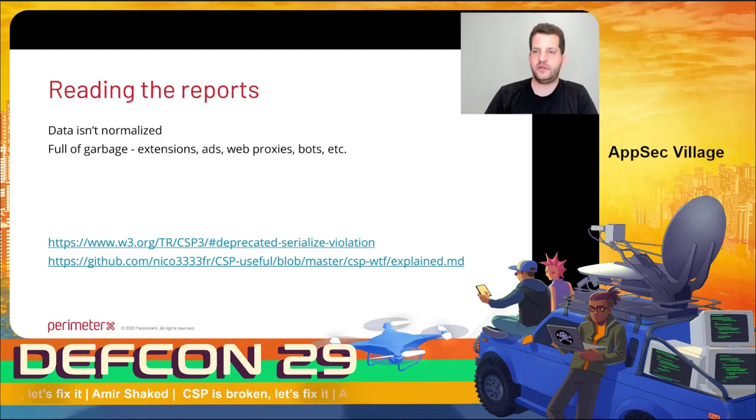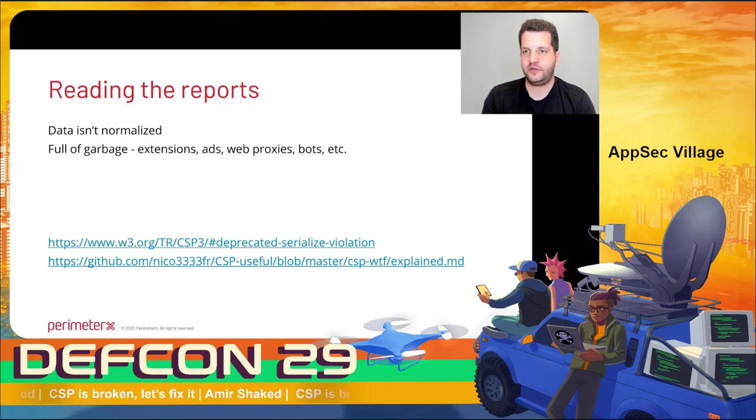But if the extension is doing something within the page in a certain way, you will still get the violation report from that extension, and you have nothing to do with it because they will still work. The GitHub here has some really interesting examples of trying to explain, and a lot of unexplained cases as well, different reports that security analysts have seen over time.